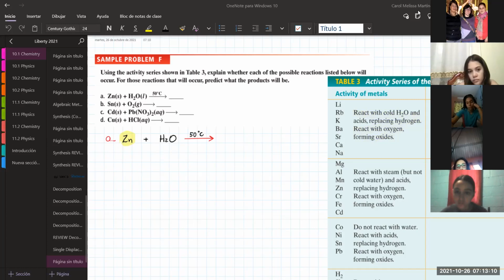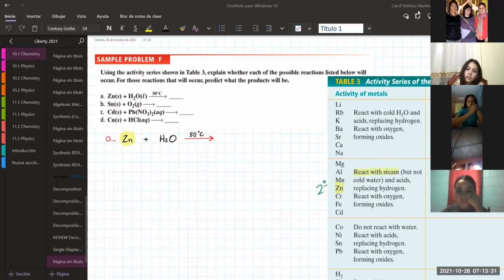Now, we need to focus on the single element. In this case, it is zinc. So zinc in the table is right here. That means that it is in the second group. Okay, I don't really care about what group it belongs to. What I do care is this.